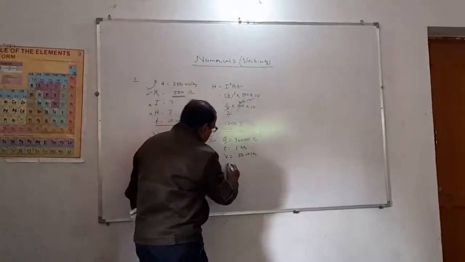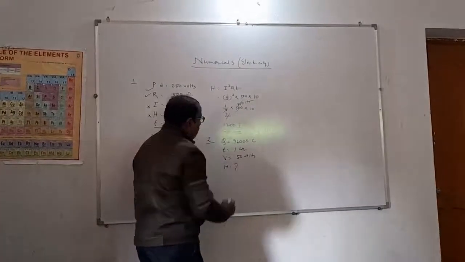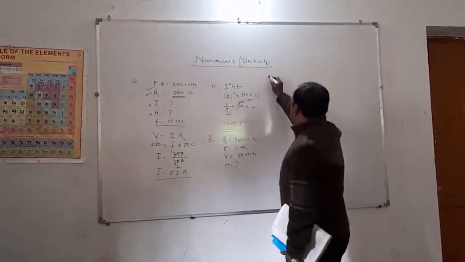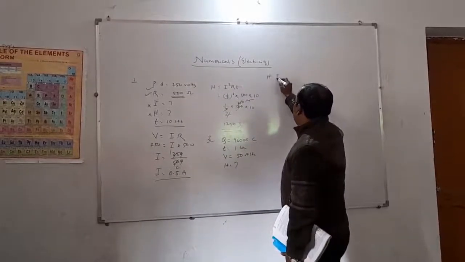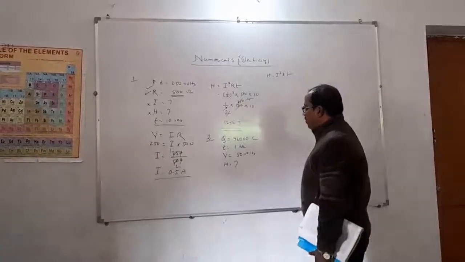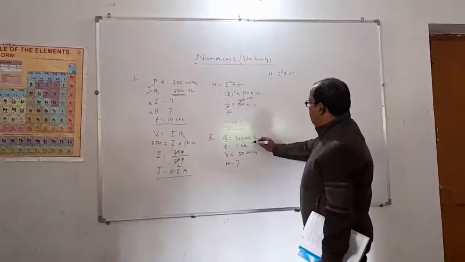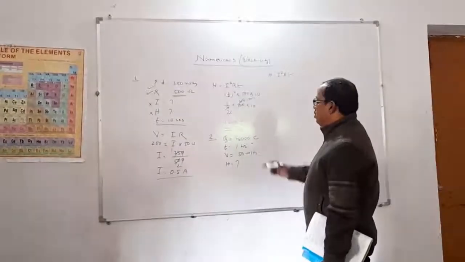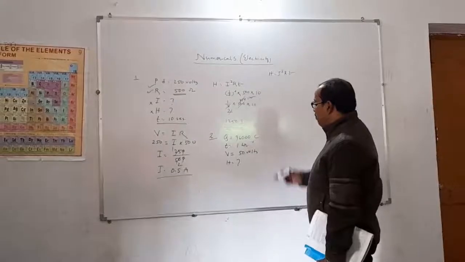Heat energy produced H. So what is the formula of heat produced? H is equal to I square RT. So here T is given, I and R are not present. So first we have to calculate this one.